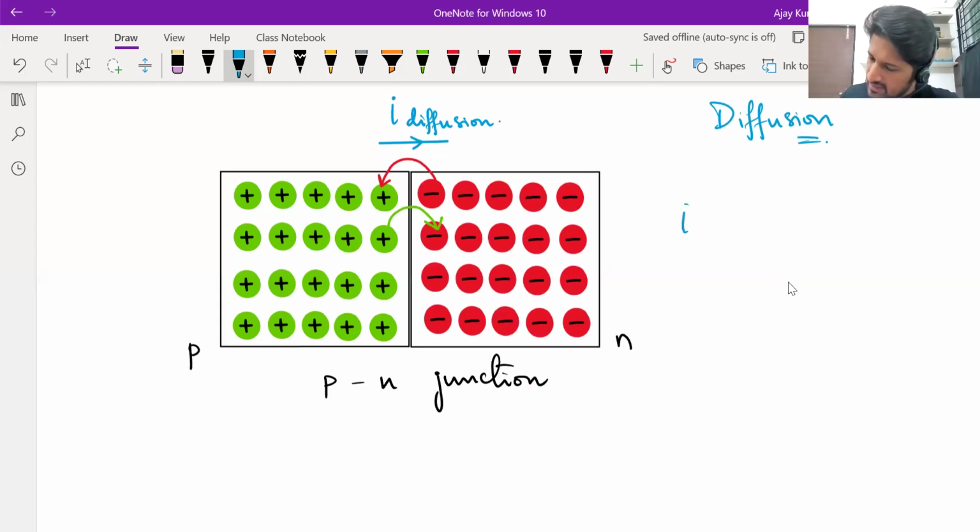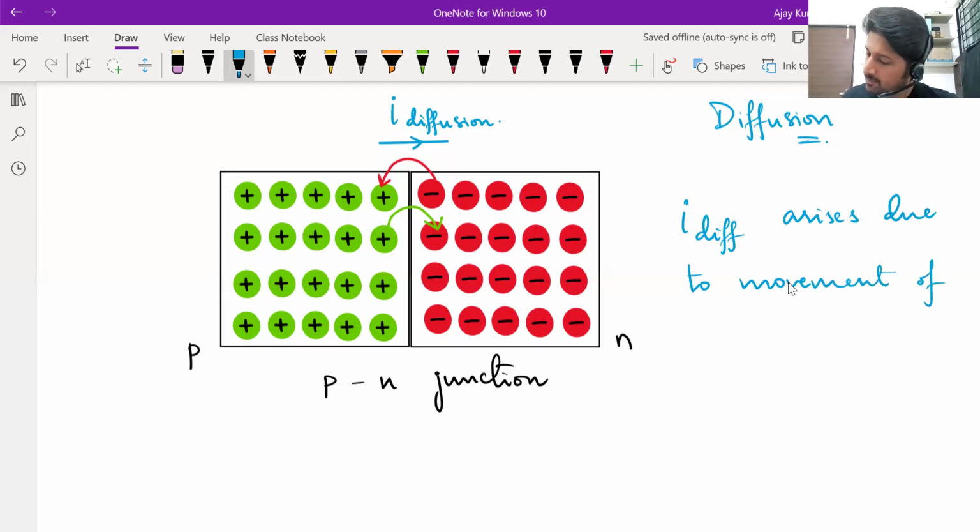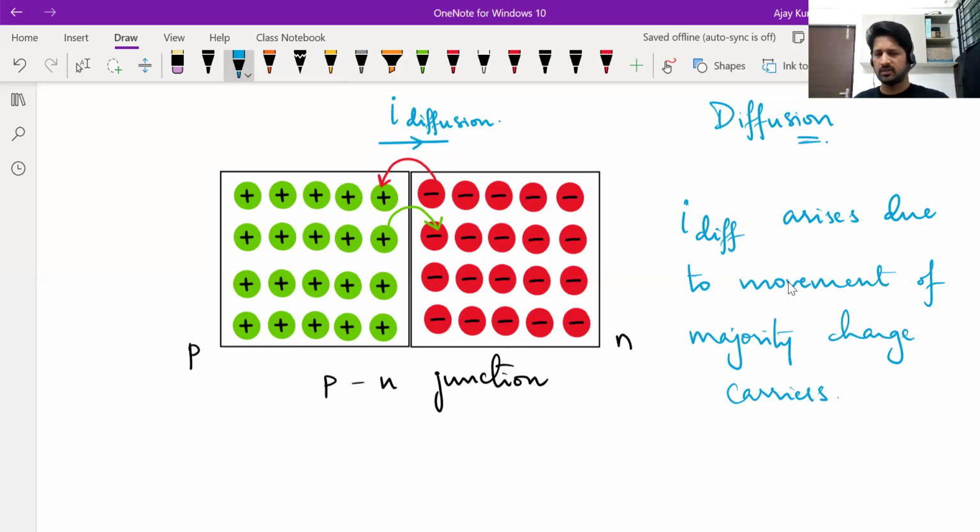So you should remember that diffusion current arises due to the movement of majority charge carriers. This is a very important thing. So hope you understood this process of diffusion and the current that it results in.